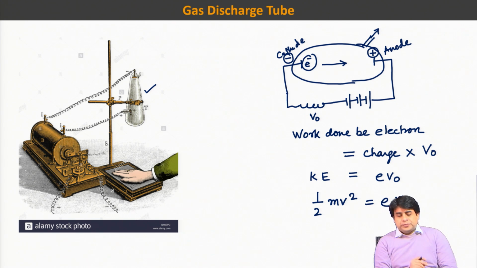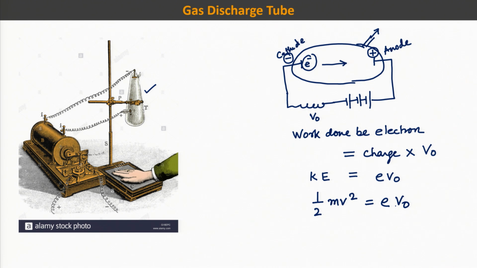So, this is the work done and kinetic energy of the electron generated at the cathode by the potential difference V0, and it has a velocity of v.